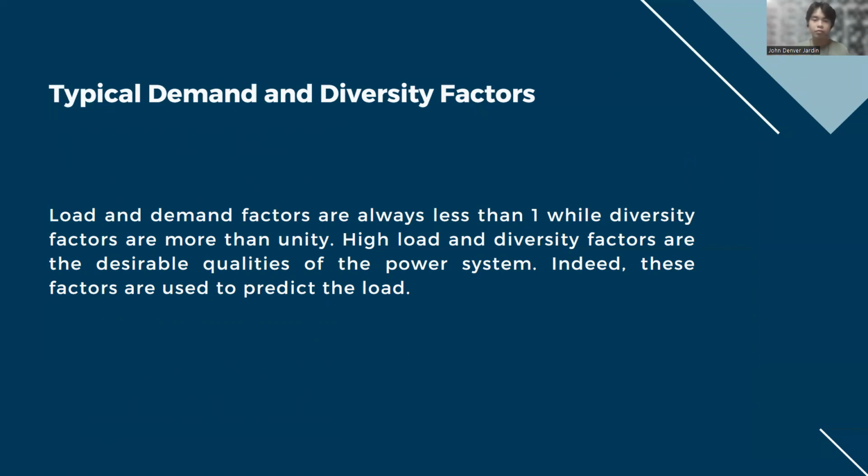High load and diversity factors are the desired qualities of the power system. Indeed, these factors are used to predict the load.